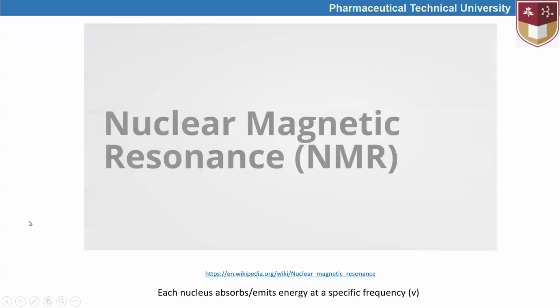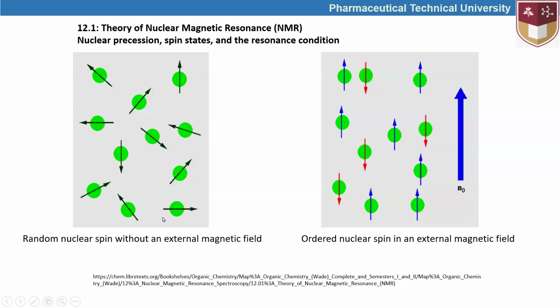Okay, next. Here we can see that in their stationary phase, the nuclei of the atoms have their magnetic fields change to different directions, and under the effect of the external magnetic field, we can have ordered spin of atoms.